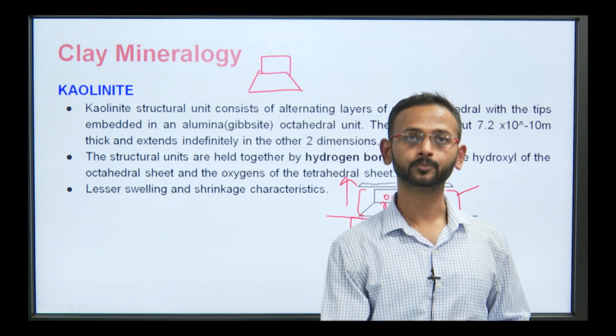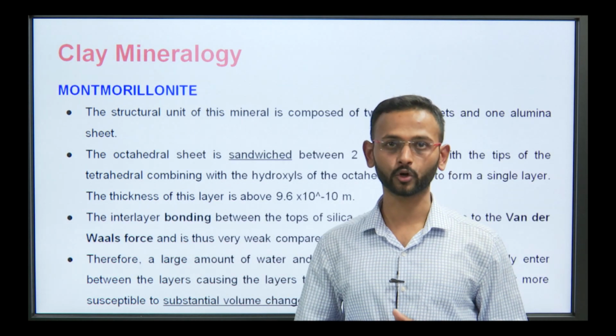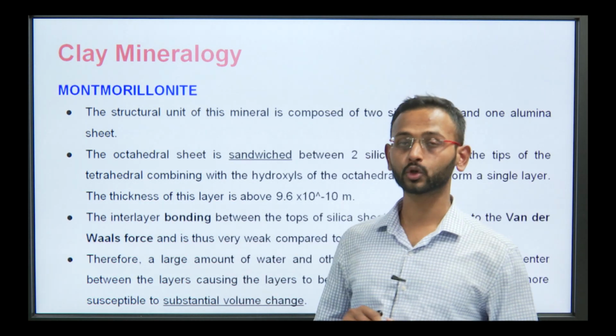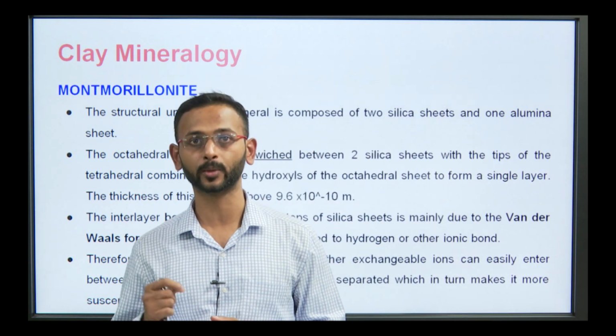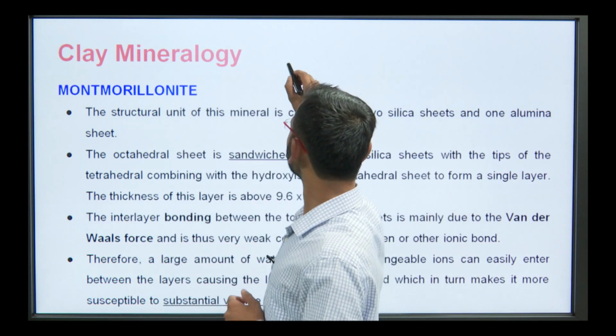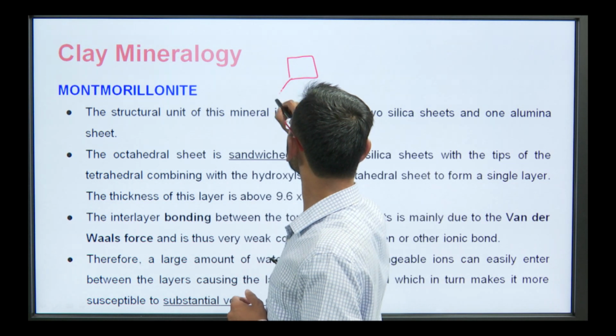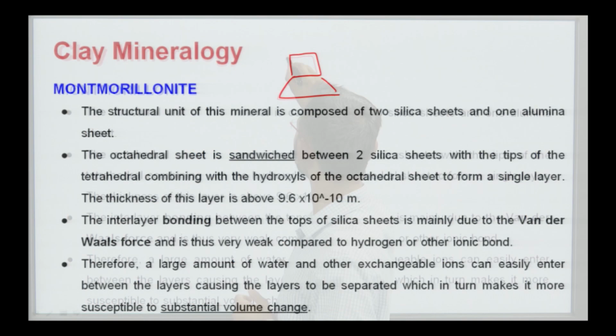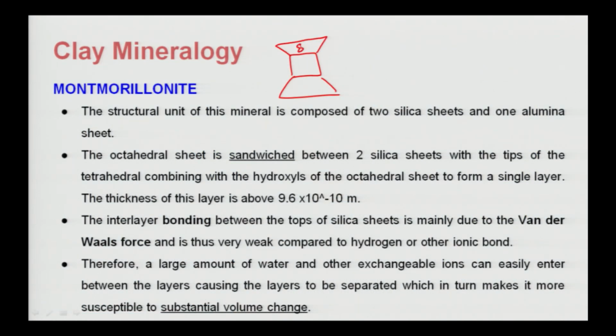So the characteristics of this will be slightly lesser in swelling and shrinking. When you talk about montmorillonite, this one is composed of two silica sheets and one alumina sheet, that is two silica sheets, this one down below and this one above, and then this one in between, the octahedron unit. In the octahedron unit, X can be Mg2 plus or Al3 plus, anything could be there.